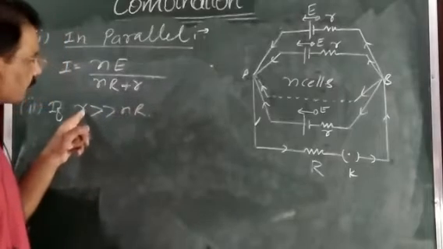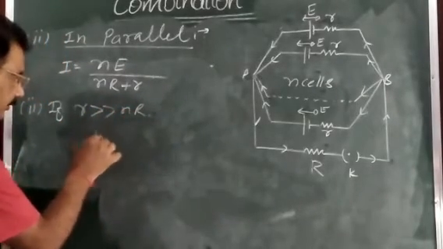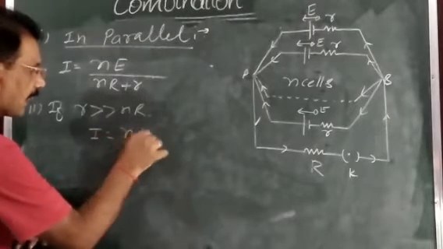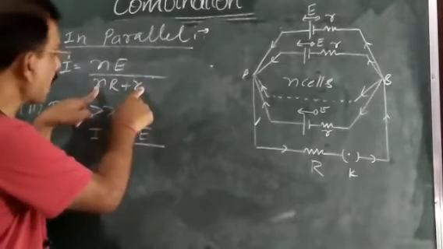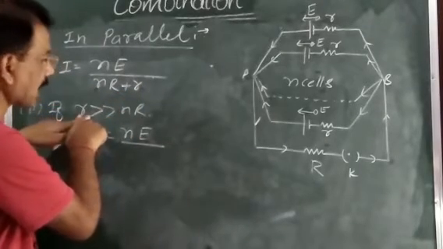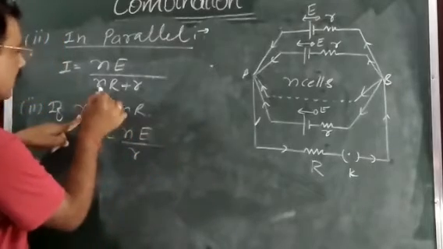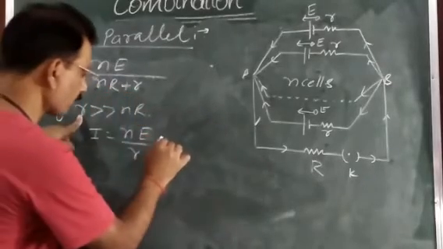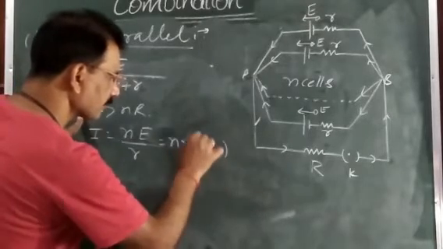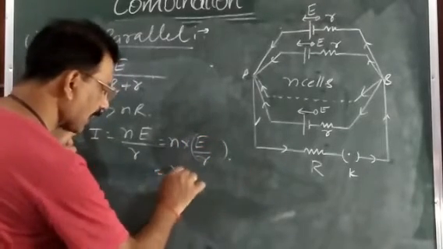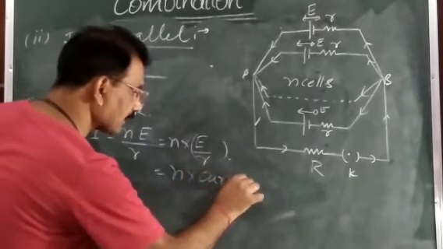So if R is very large in comparison to NR, then in this case I is equal to NE upon, in place of NR plus R, since R is very large compared to NR, we can write only R. This NR we ignore, and now we can write N into E by R, which is N into the current due to one cell.